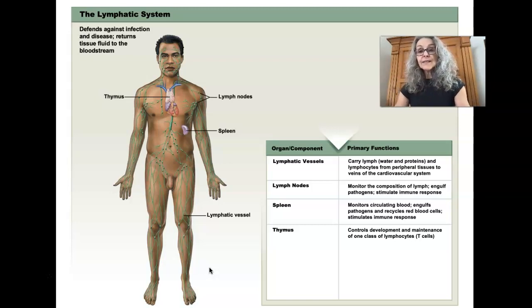The lymphatic system is a series of vessels, lymph vessels. It is of sorts a circulatory system, and in the vessels is that fluid, which we call lymph.